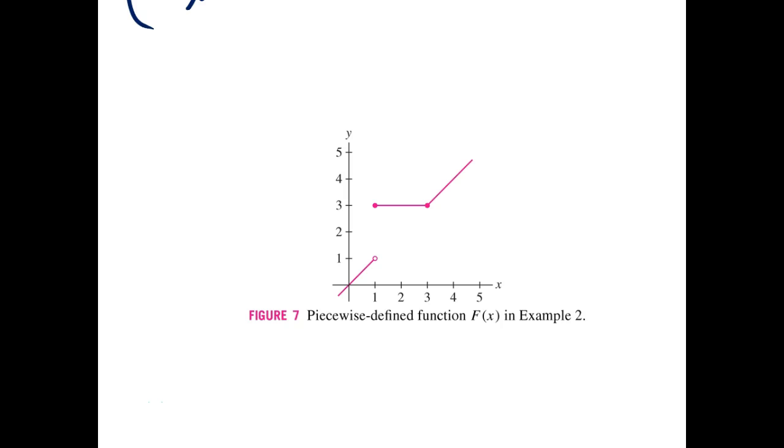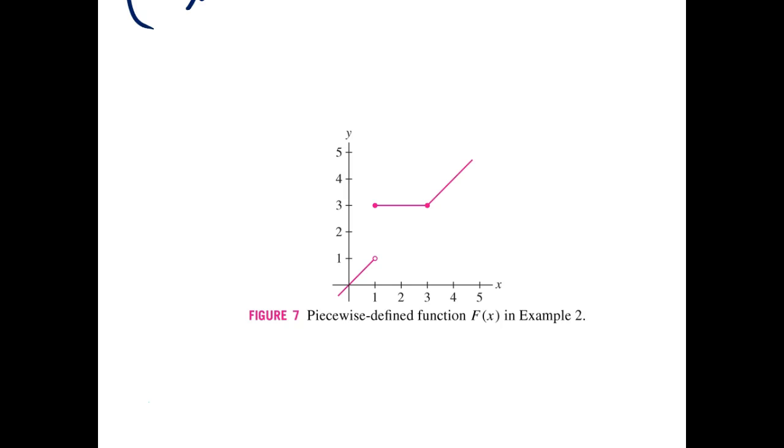So this is one, and let's see what they say about it. At x equal 1, the one-sided limits exist, but they're not equal. So it's a jump discontinuity. And at x equal 3, the one-sided limits exist, and they are equal, so it's continuous at x equal 3.